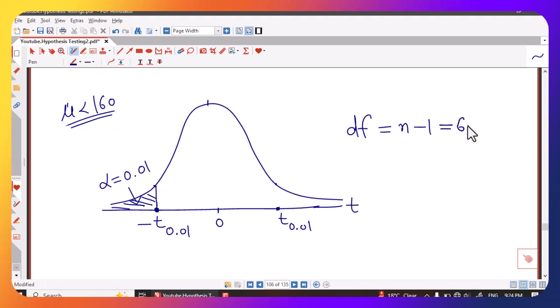Here sample size is 6, so degrees of freedom is 5, denoted by nu equal to 5. In the table we will look for one-tailed test, alpha equal to 0.01 and degrees of freedom 5.